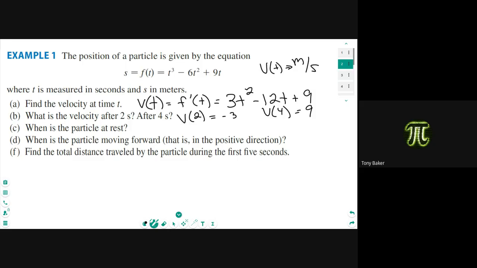Okay? That's actually important because the next question is, when is the particle at rest? If it's at rest, that means my velocity would be what? 0. So we're looking for the values that are going to give me 0. So I'm looking at 0 equals 3t squared minus 12t plus 9. So factor that and find me the 2 points where it's 0.